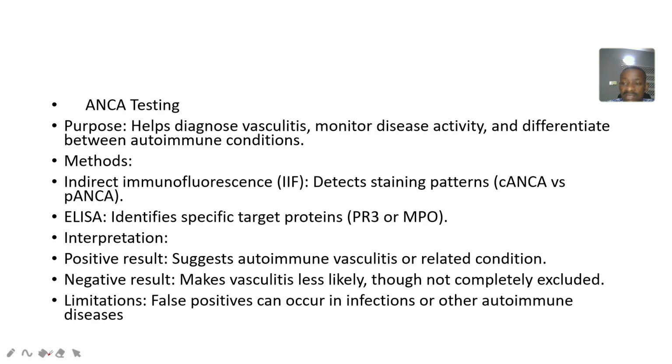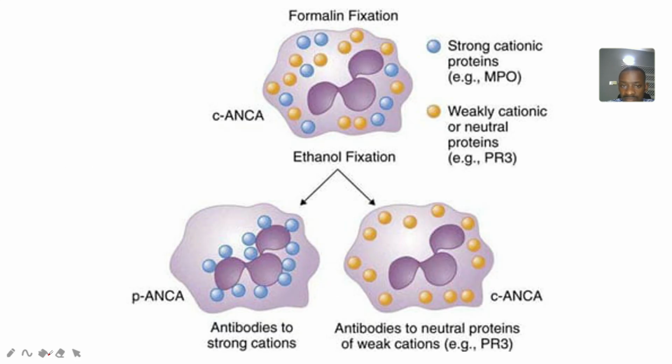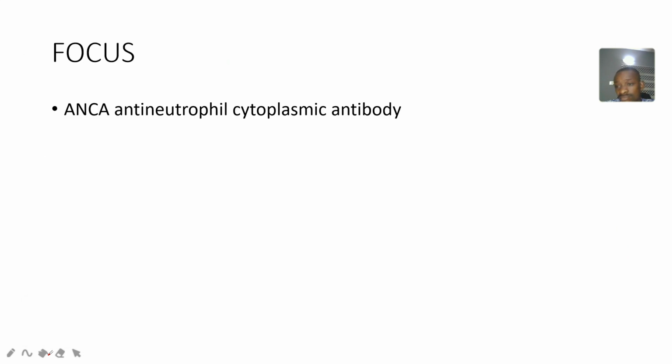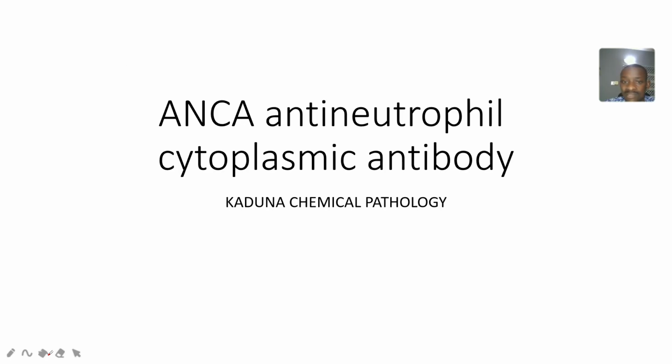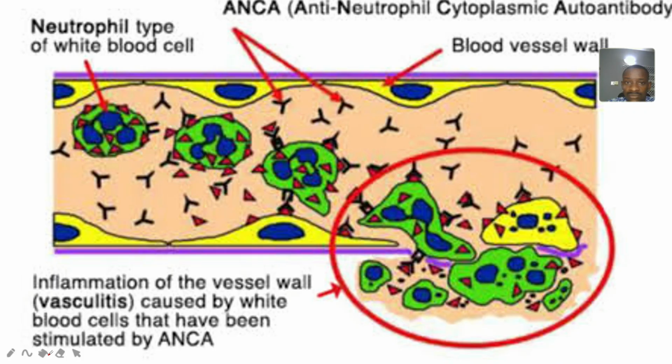Okay, ANCA testing. Sorry, ANCA only. Because they measure the amount to see if there's some abnormalities in the body. That's the testing. So anti-neutrophil cytoplasmic antibody is as follows.